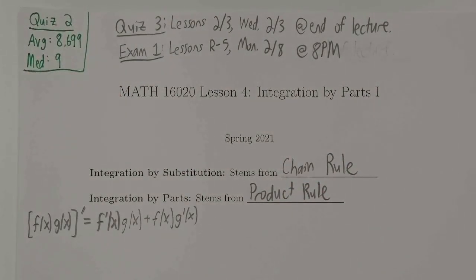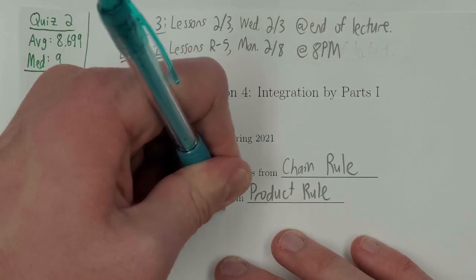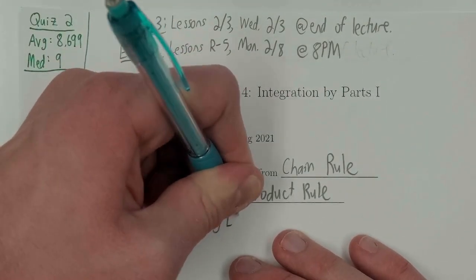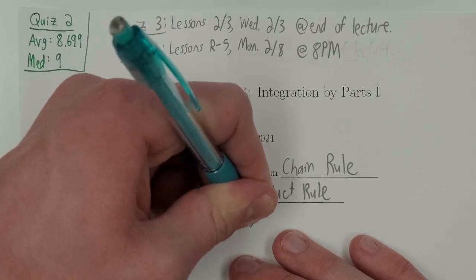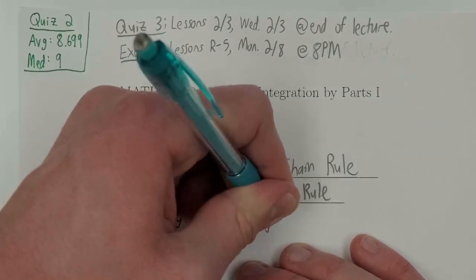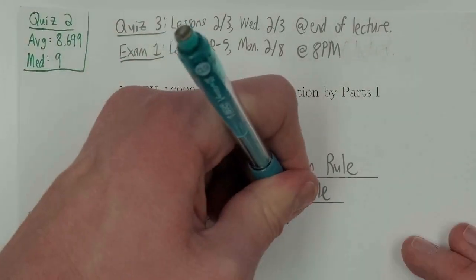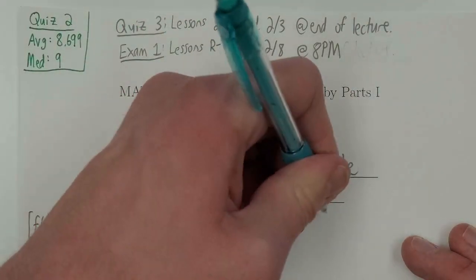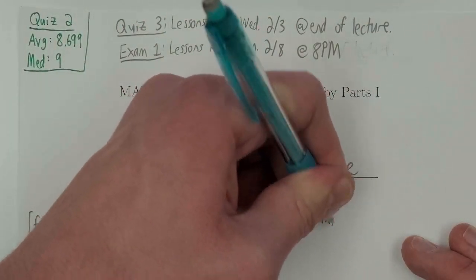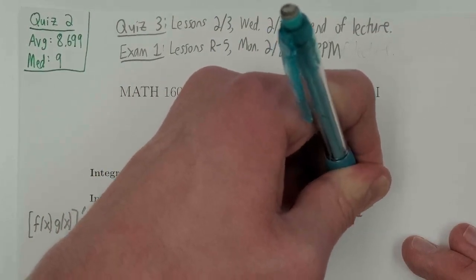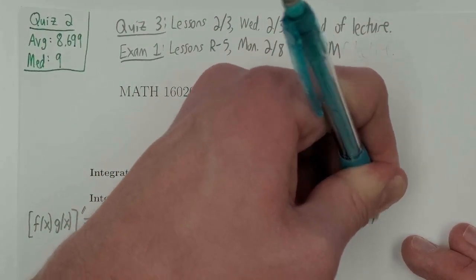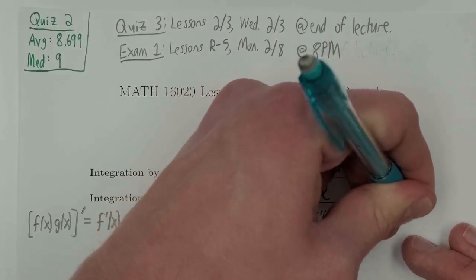Now that we have this, we're going to take the antiderivative, or integral, of both sides. So we have the integral of the derivative of f of x times g of x dx equals the integral of, by the product rule, f prime times g of x plus f of x times g prime of x dx.